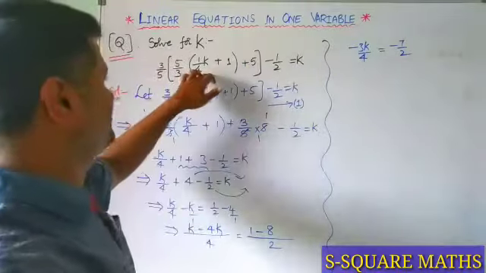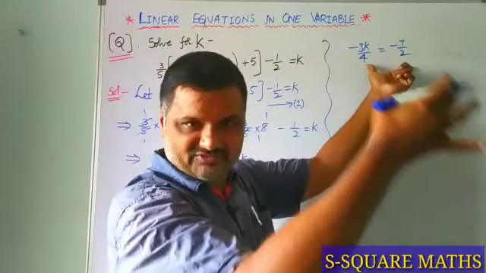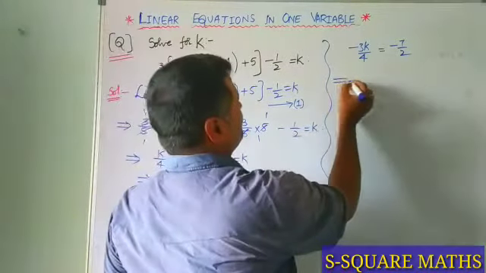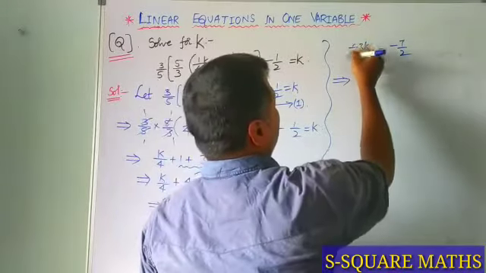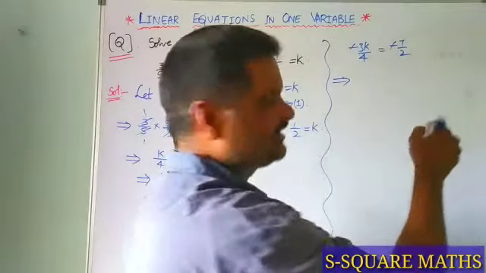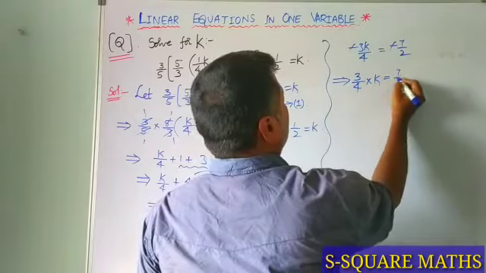Even though this is also a simple equation, after simplifying we got the basic steps of how to solve. This you have learned in your lower standards, 7th and 8th standards. Now cross multiply, and here minus and minus get cancelled. Our intention is to get the k value. Now I can write 3 by 4 into k is equal to 7 by 2.